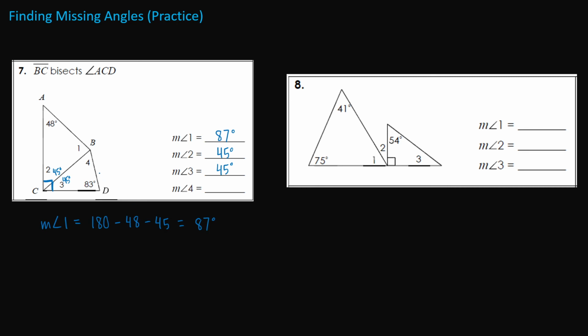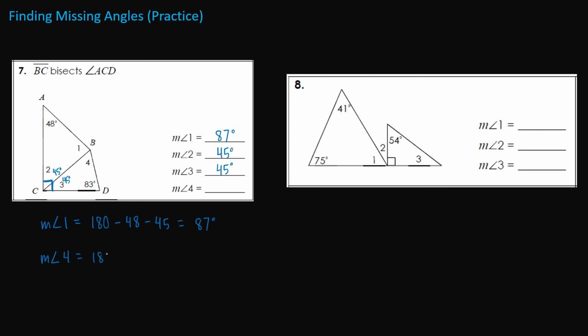Now we can do the exact same thing with the smaller triangle at the bottom. That's triangle BCD. I know that I have a 45-degree angle and an 83-degree angle in that triangle. And now I just need to use the angle sum theorem to find the missing angle.